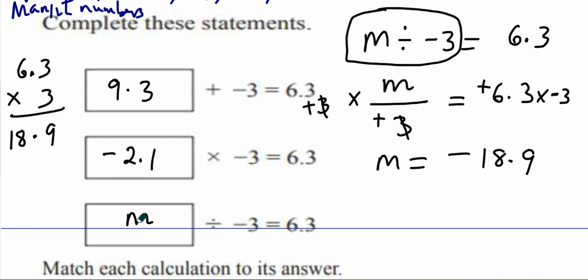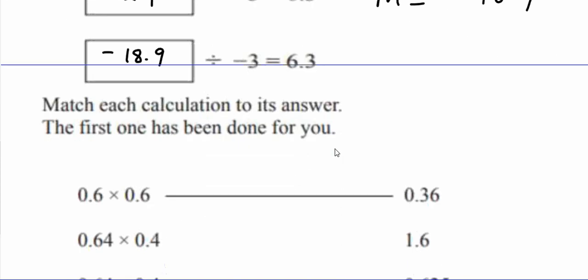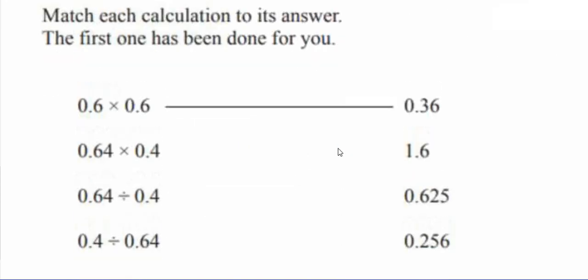So the missing number over here is negative 18.9. See that? I hope that helps. Then let us go to the next question. These are mental calculations. We don't have to use a calculator.